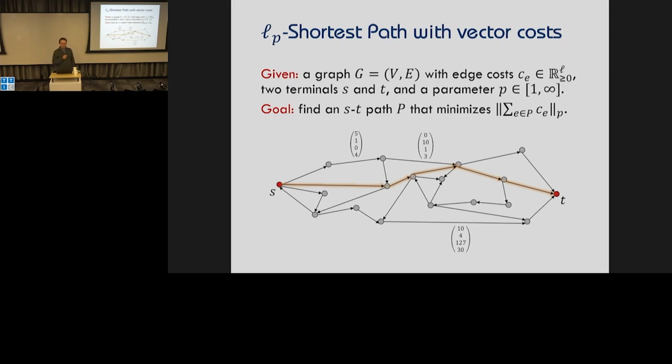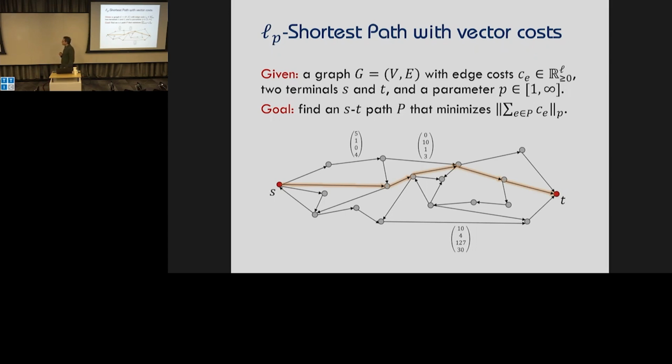Now, in our problem, we are also given two terminals s and t. Our goal will be to find an s-t path, as well as a parameter p between 1 and infinity. Given any path from s to t, we can define its vector cost. Its vector cost is simply the sum of costs of individual edges forming this path.